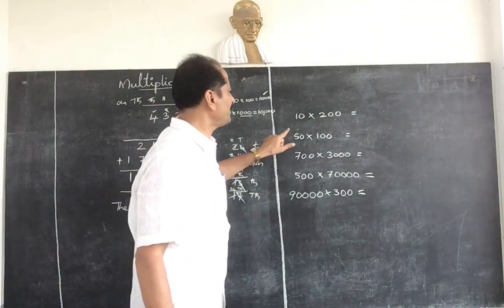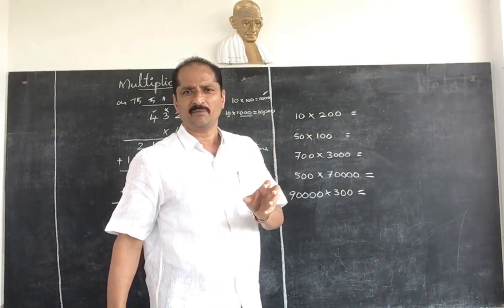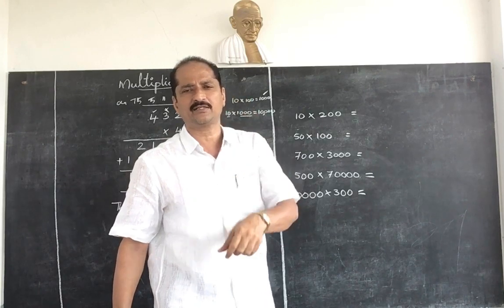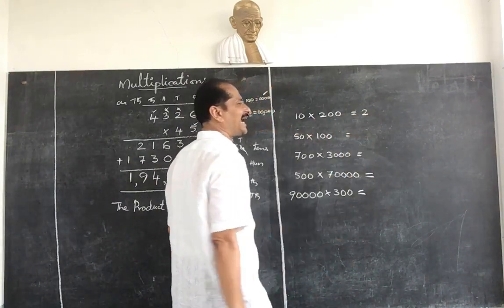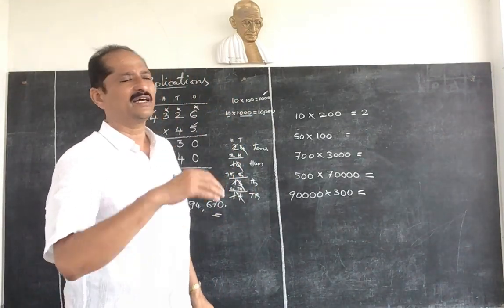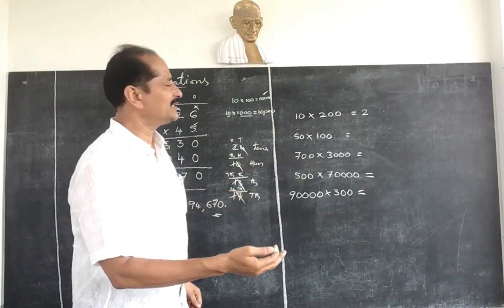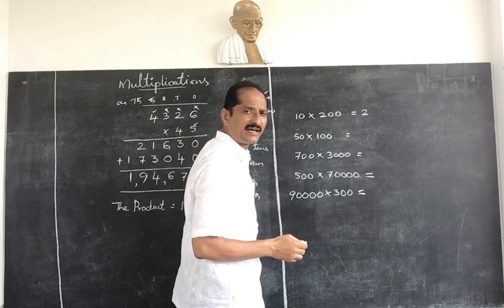So observe carefully, whenever you are multiplying 1 with 2, just multiply the numbers and write down the product. So 1 2s are 2 and add all the zeros. Here you should add all the zeros and write them at the right side of this product. So to the right side of this 2 we have to write the number of zeros. Any zeros?